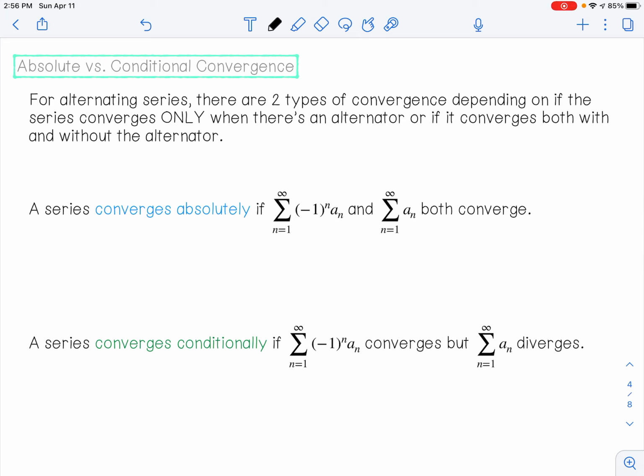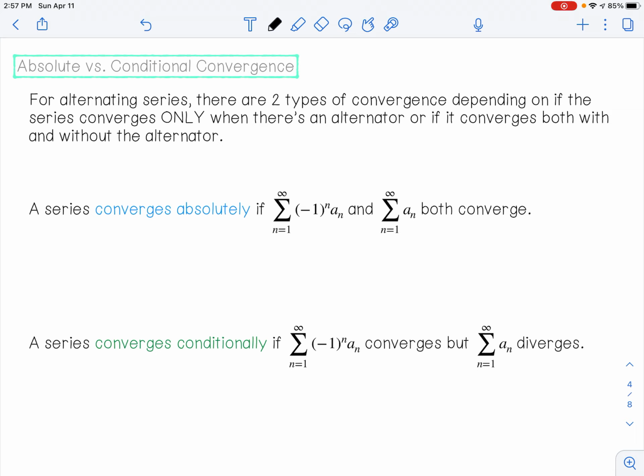So there's a little bit more nuance to alternating series than there are to others. So typically with most series, we just say it converges or it diverges. But alternating series has more nuance to the type of convergence it has. So alternating series converge in two different ways. They can converge absolutely or conditionally. And so it basically depends on if the series converges with or without an alternator.